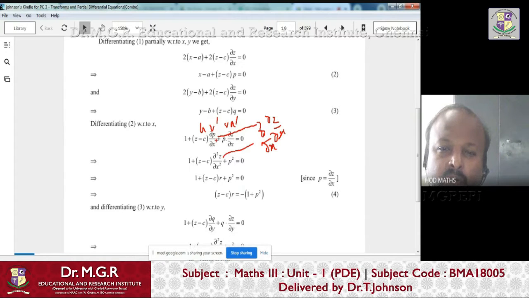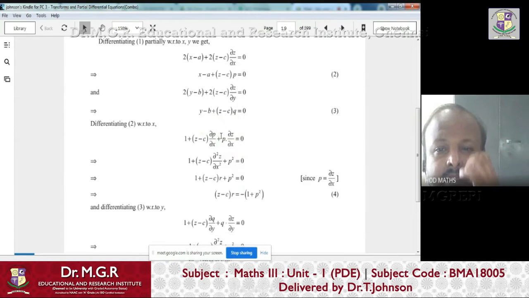So dou p by dou x becomes dou square z by dou x square, and then the 1 p comes as it is. And why does it become p square? Because dou z by dou x is again p. So this is p into p, which becomes p square.